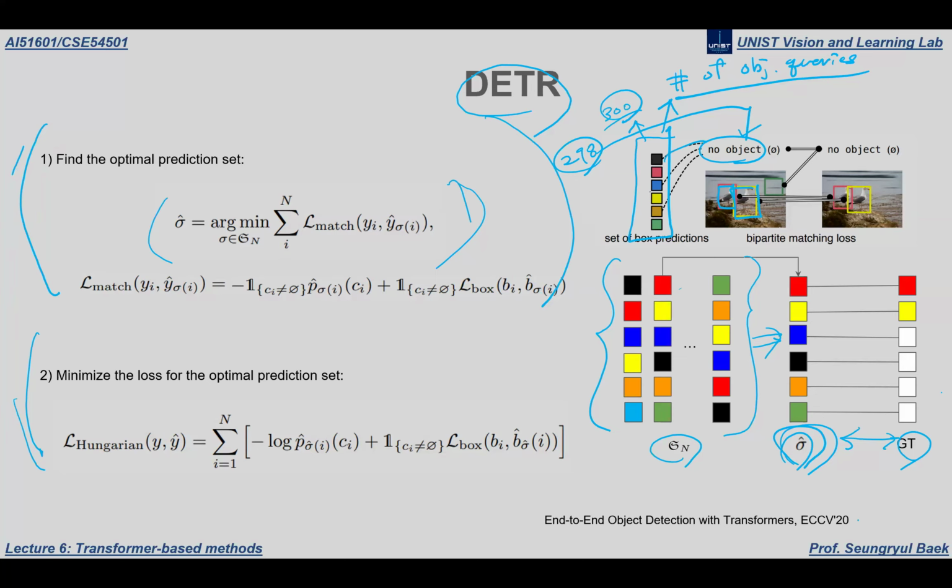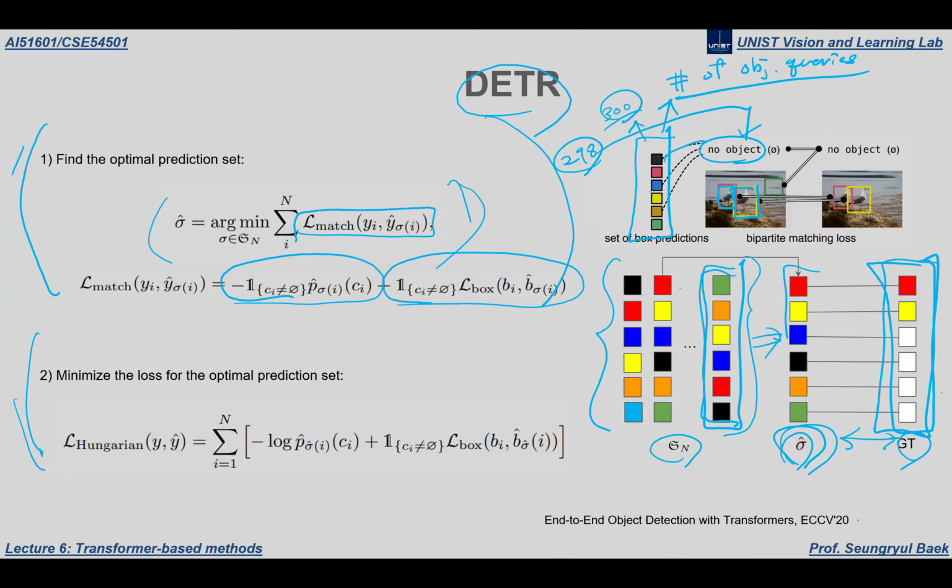So L match is somehow the score function that matches these predictions with the ground truth. When matching these predictions with the ground truth, we have to count both the box predicted values and the class predicted values. That's why we are defining some scores for matching the predictions and ground truth.